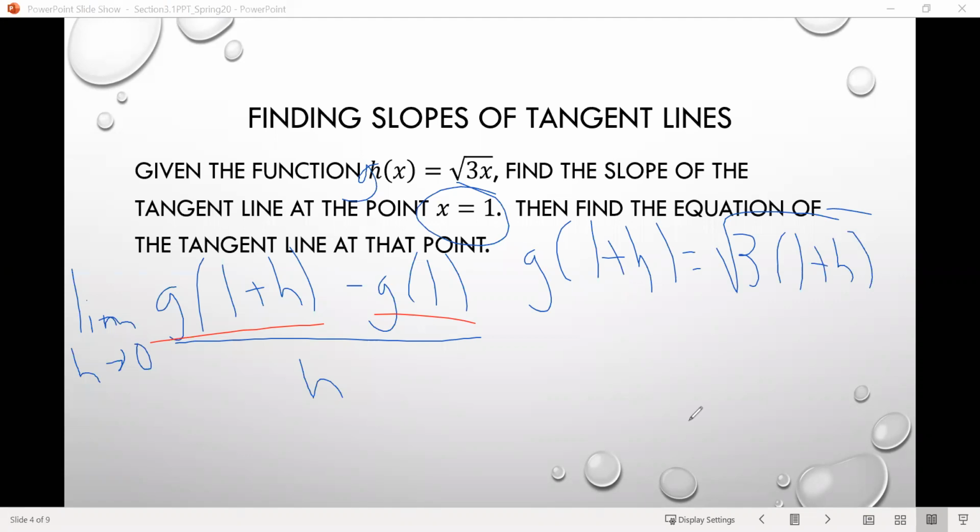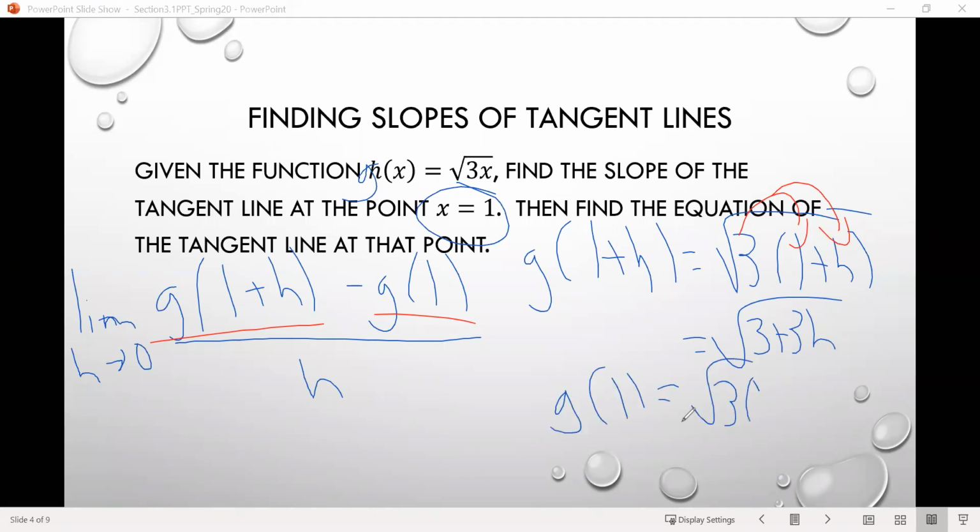On the inside there, we can distribute the 3. So we'll end up with root 3 plus 3h. We can also do g of 1, so we plug in 1 there, so we'll end up with root 3 times 1, which is just square root of 3. Okay?